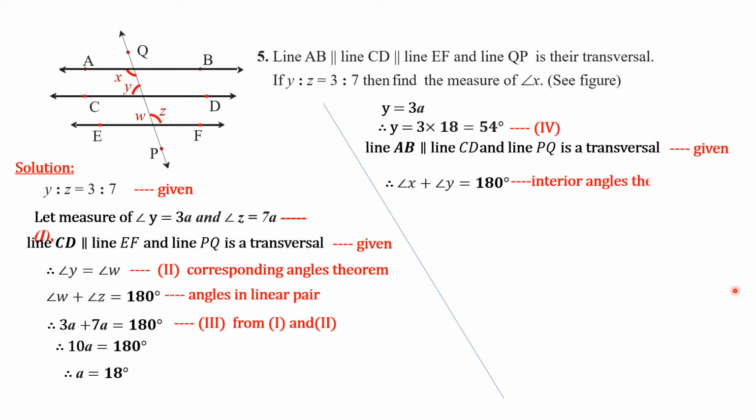Interior angles theorem. Now substitute the value of Y. Angle X plus 54 is equal to 180. Write down the reason from 4. Therefore, angle X is equal to 180 minus 54. Therefore, angle X is equal to 126 degree. Complete this example in your notebook.